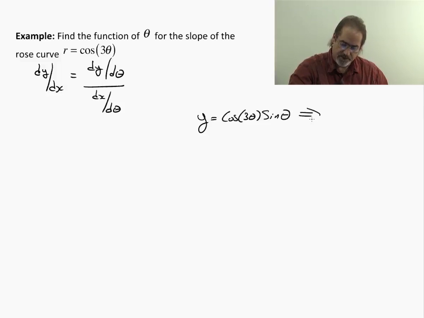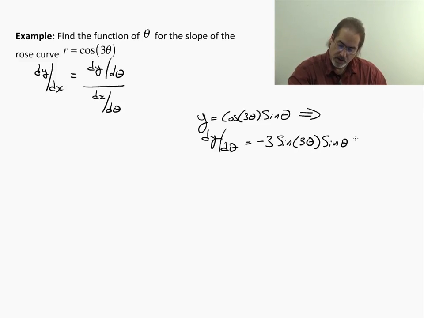That would then imply that dy d theta equals, well, I'm going to have the derivative of cosine, which is negative sine. So it's going to be negative 3 times sine 3 theta, chain rule, times sine theta, plus cosine 3 theta times cosine theta.